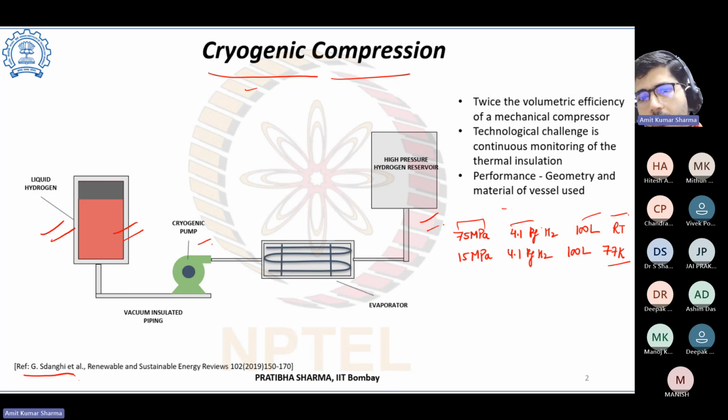At 77 Kelvin, it's 15 MPa, with the weight the same. So you can see if we use liquid hydrogen, we can have twice the volumetric efficiency. We can store more hydrogen.